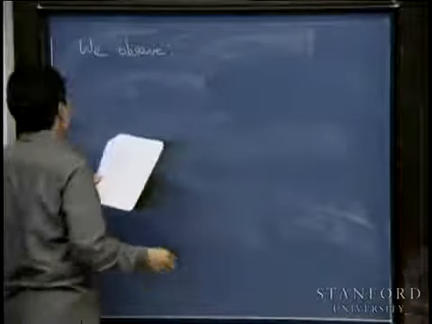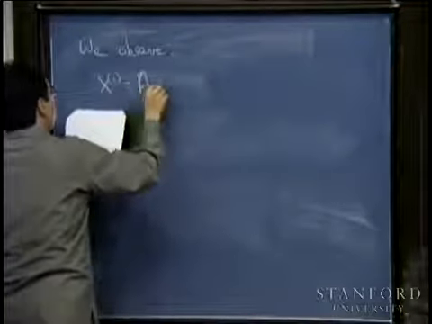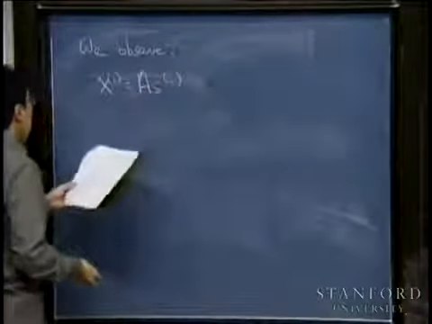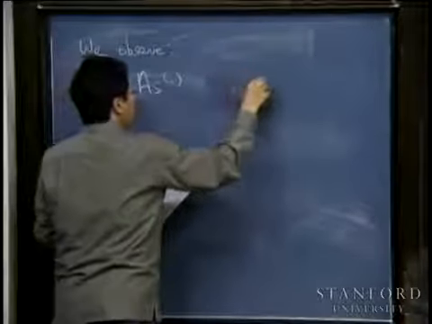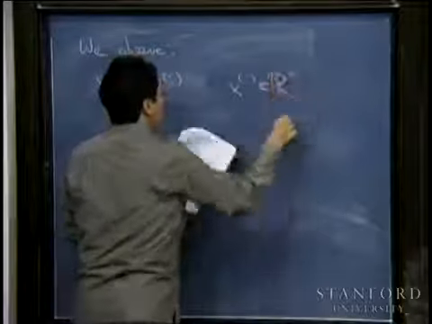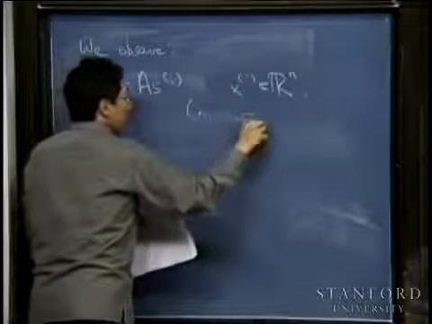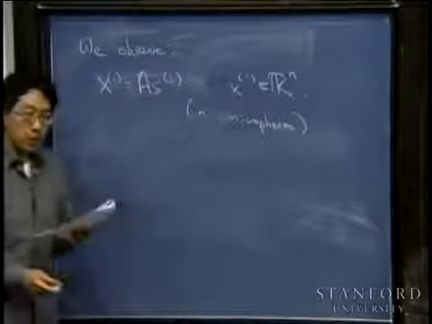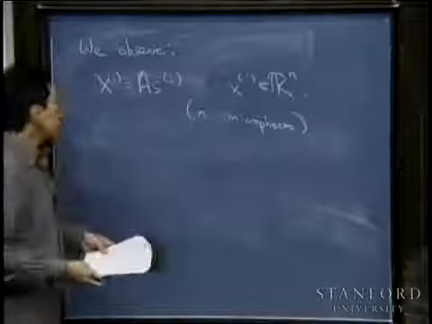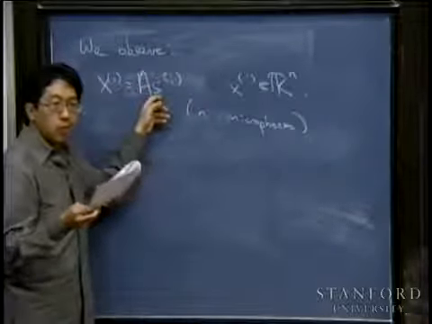So we observe x^(i) = A s^(i), where these x^(i) are vectors in R^n. I'm going to assume that I have n microphones, and each microphone records some linear combination of what the speakers are saying.